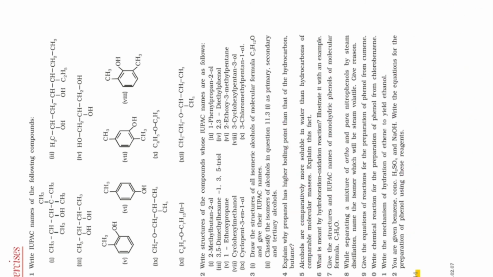Is that clear to you? Now what is going to happen over there? Obviously beta, this is your alkoxy group and you will start the numbering 1 2 3 4. Okay, so its name will be 2-ethoxybutane. Is that clear?